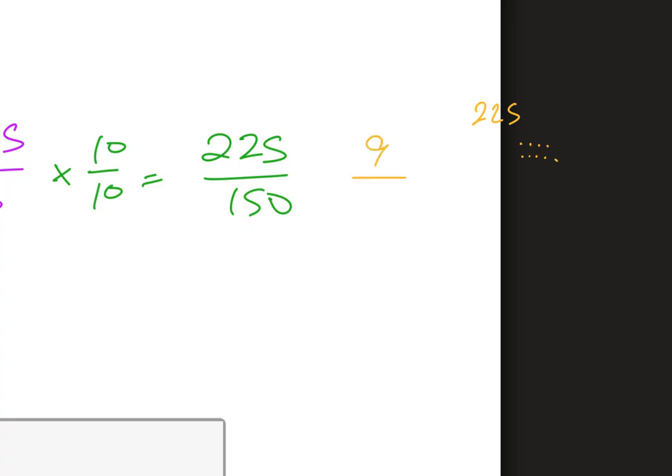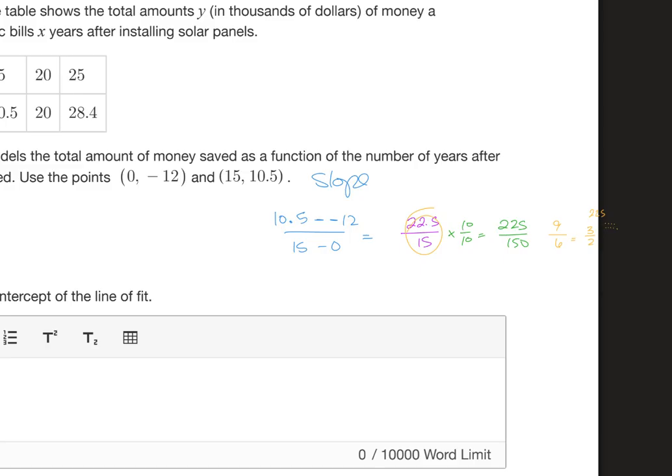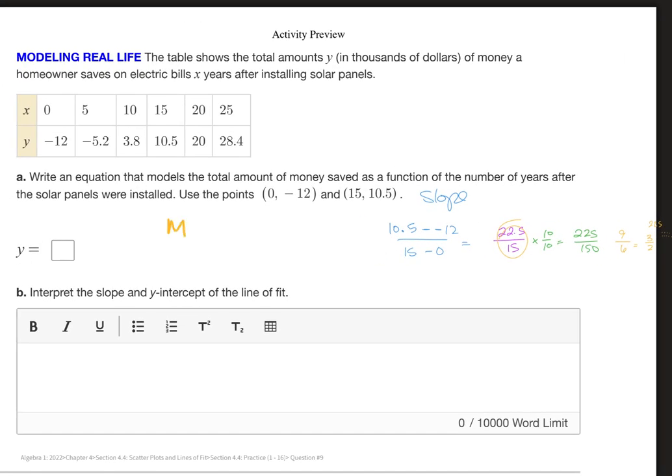And then this is 6. Divide those both by 3, we get 3 over 2. So interesting, right here it seemed like, yuck, but now it's just 3 over 2, right? Okay, coming back, so we have our slope.